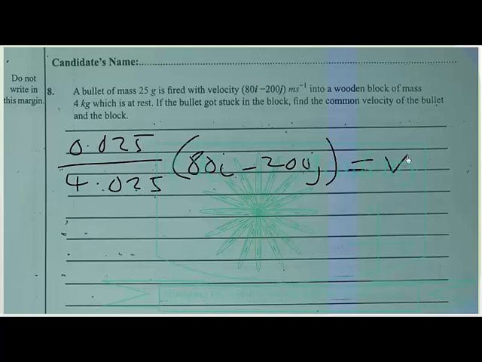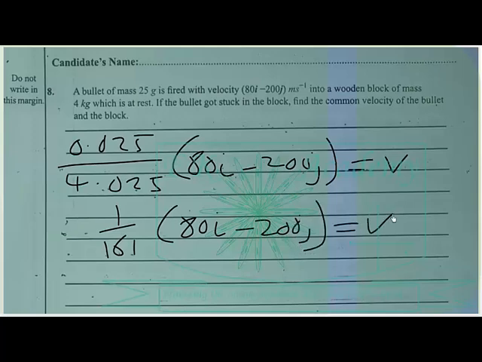So this will simplify to 1 over 161 into bracket 80i minus 200j equal v, or 80i over 161 minus 200 over 161j. That will be the common velocity of the bullet and the block.